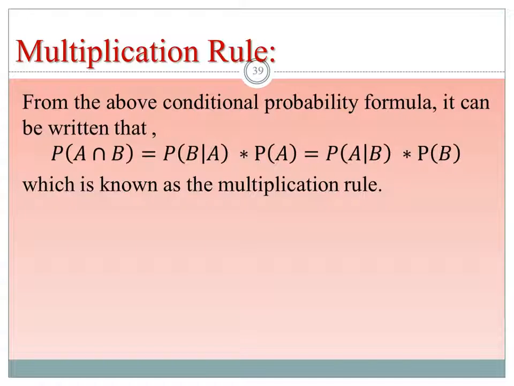Our conditional probability law says the probability of B given A is equal to the probability of A intersection B divided by the probability of A. So from that equation, the probability of A intersection B is equal to the probability of B given A times the probability of A, or otherwise that is equal to the probability of A given B times the probability of B. That's why the probability of A intersection B also equals the probability of B intersection A. So we can use this way too, and in some situations this multiplication rule application is useful.